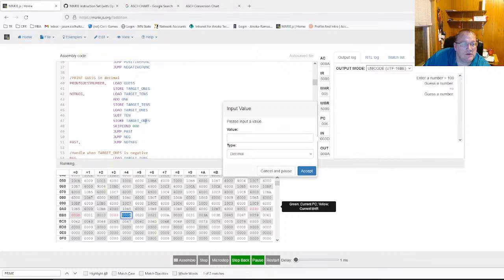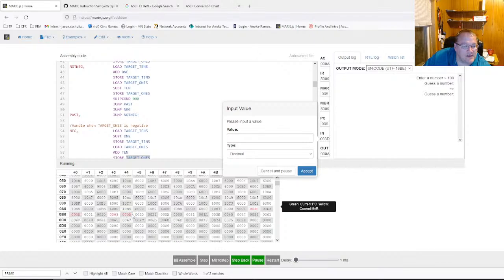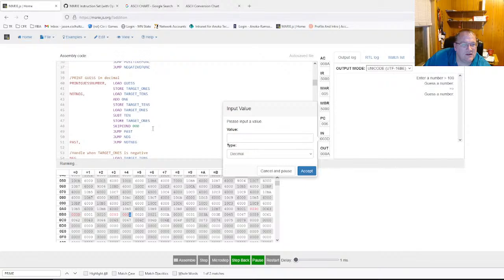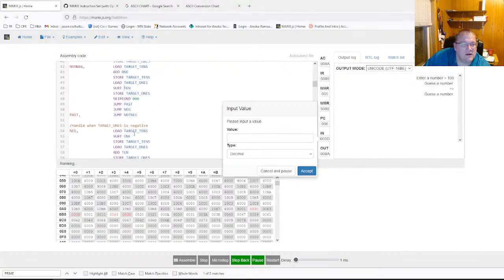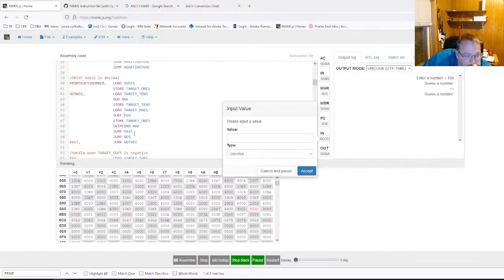Target ones is a D. That's not correct, because that's still too high. Add 1 to the tens place.